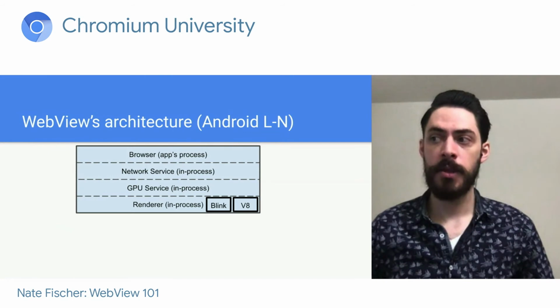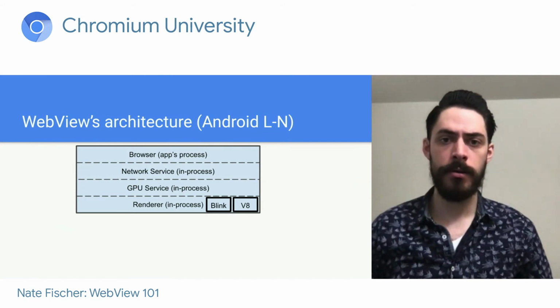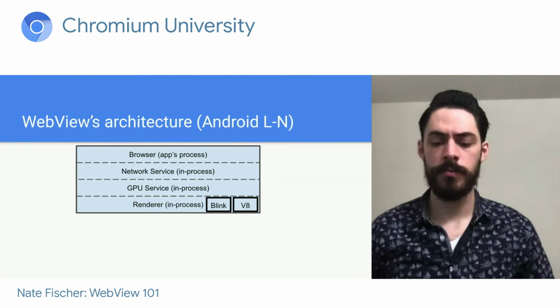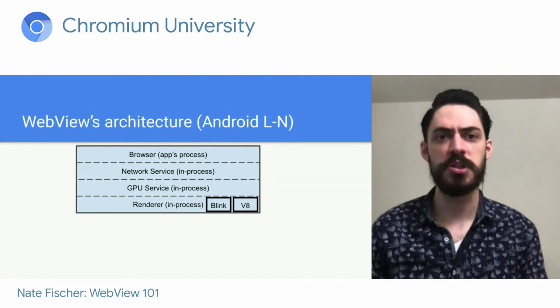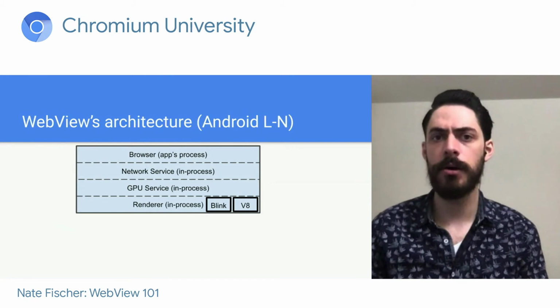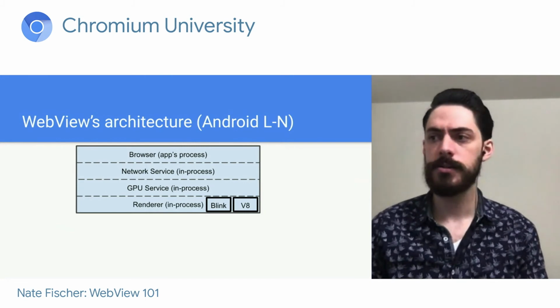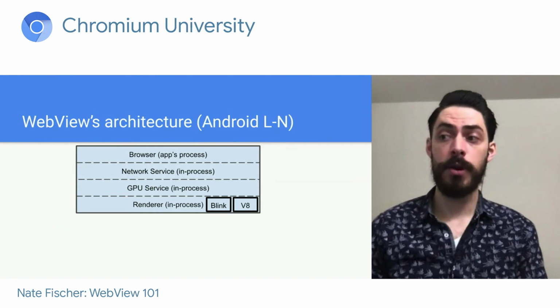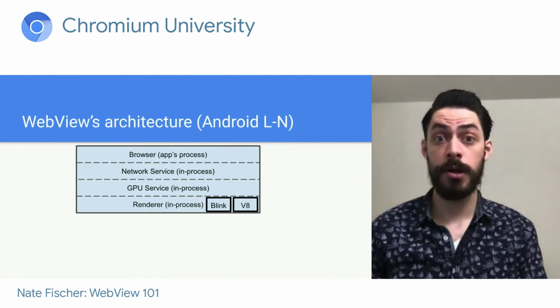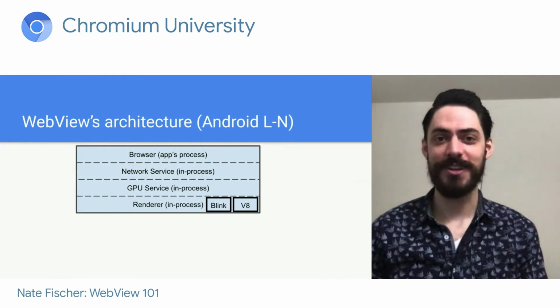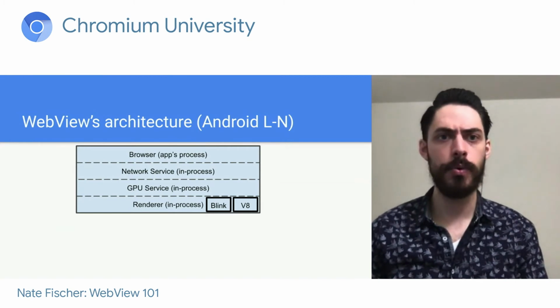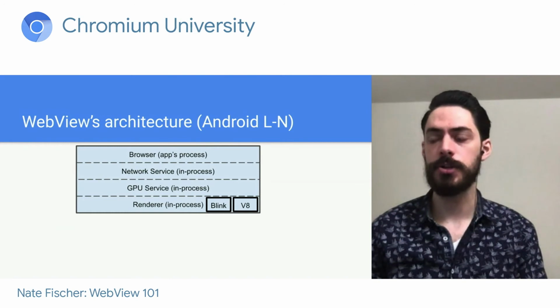This is what happens on Android L through N. There are some architectural limitations of the operating system that prevent us from shipping a separate renderer process on L through N. So we run the renderer process in the same process as the browser, and everything's just one big process. So this is a little different from Chrome, but hopefully you can see the tweaks that got us to this condition.